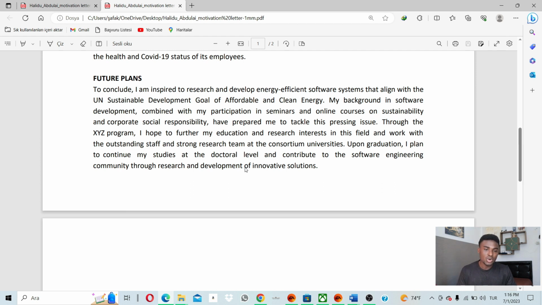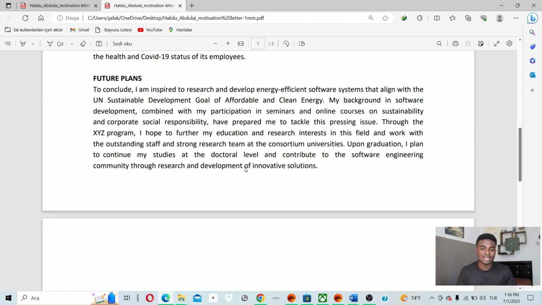Let's read it. To conclude, I am inspired to research and develop energy-efficient software systems that align with the UN Sustainable Development Goal of affordable and clean energy. My background in software development, combined with my participation in seminars and online courses on sustainability and corporate social responsibility, have prepared me to tackle this pressing issue.